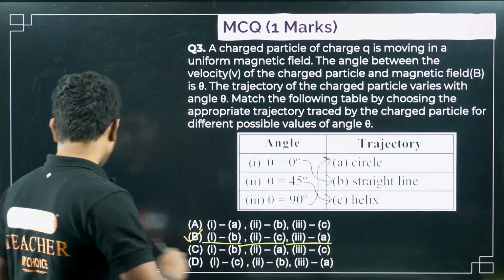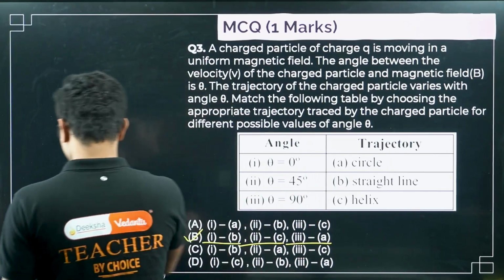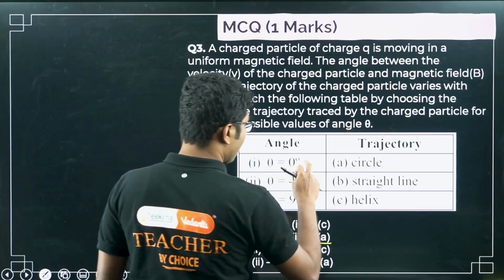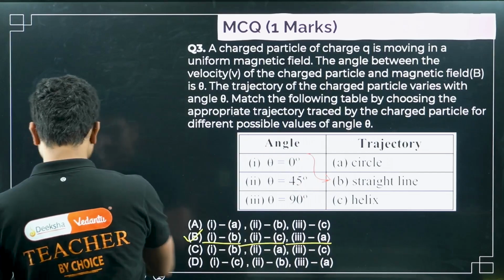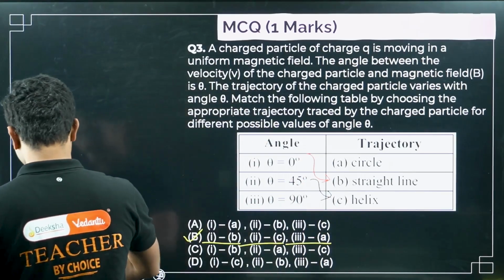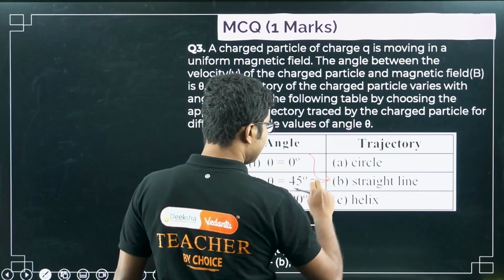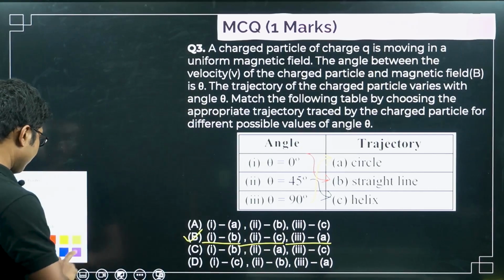Be careful. What you can do is use different colors to mark them. 0 is a straight line, 45 is a helix, and 90 is a circle. This will help you to remember which one you have corrected.